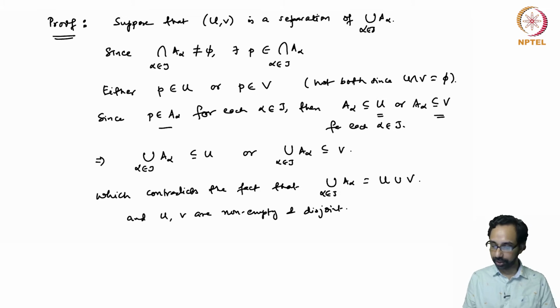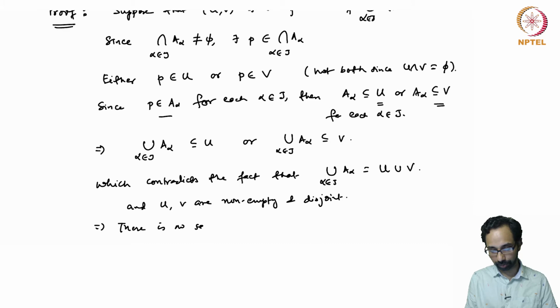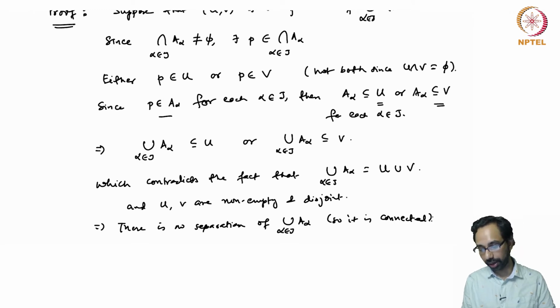So we see that we have reached a contradiction, and this means that there is no separation of the union, and so it is connected. So a union of connected subspaces with at least one point in common is connected.